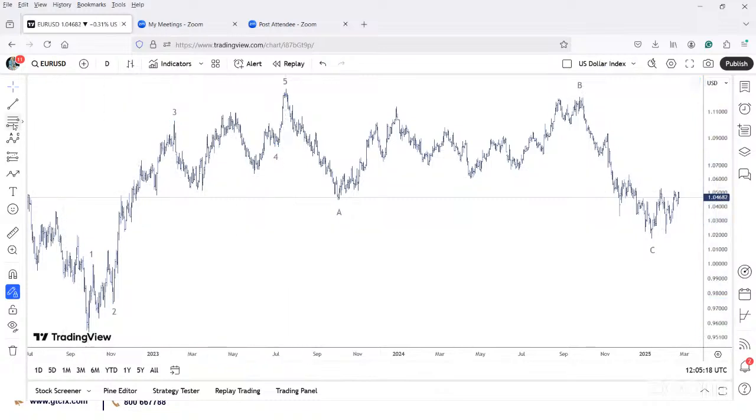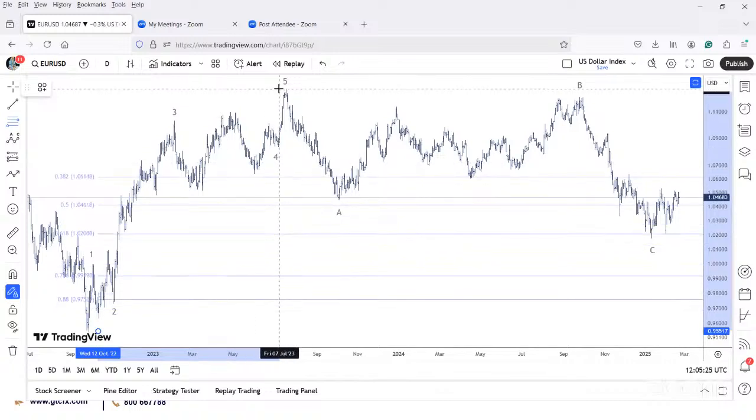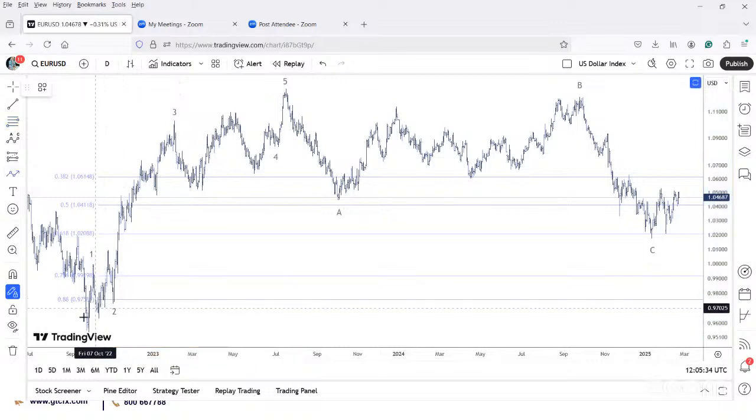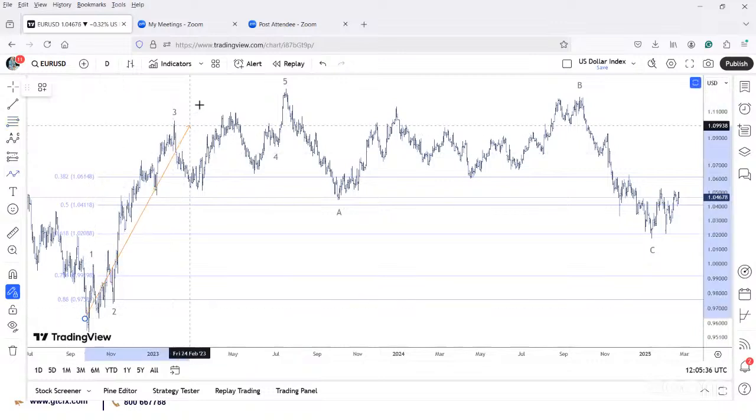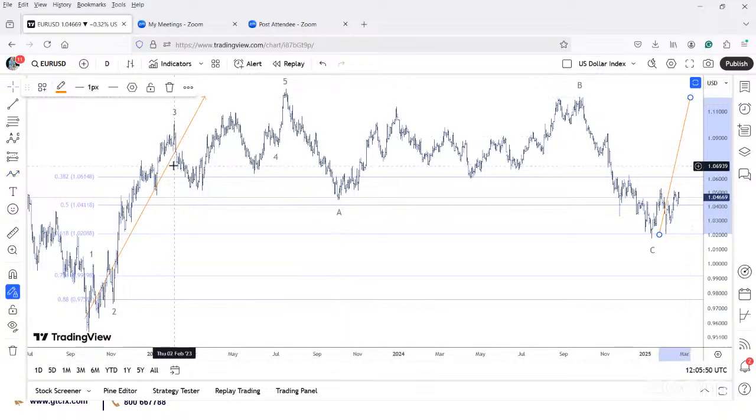Okay, so we've got 5 waves up followed by three waves down. That is an impulse followed by a correction, and that correction has been neatly supported at the Fibonacci 61.8%. With that, it is quite clear and prominently evident that the next move in euro could be equal in magnitude on the north side, equal in magnitude to the previous wave.